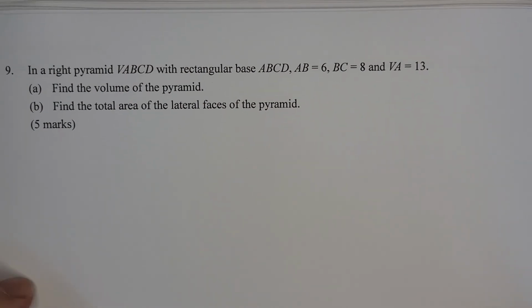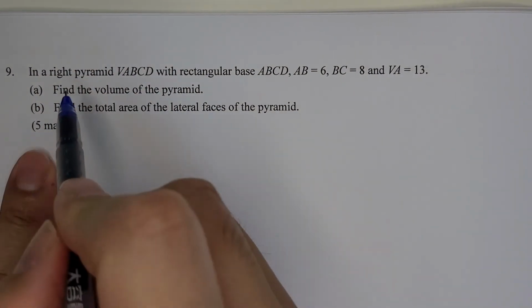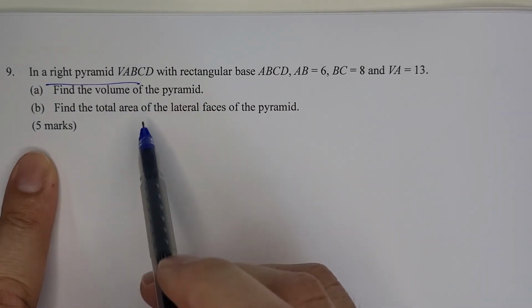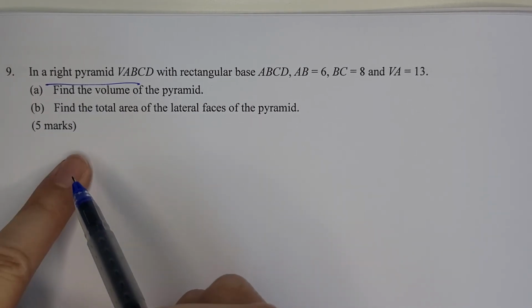And that is a problem related to the pyramid. In a right pyramid, VABCD, right, that means the vertex, when it projects to the base, will move to the center of the base, okay?